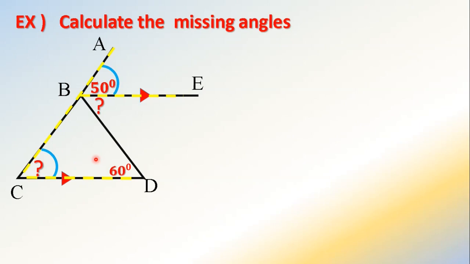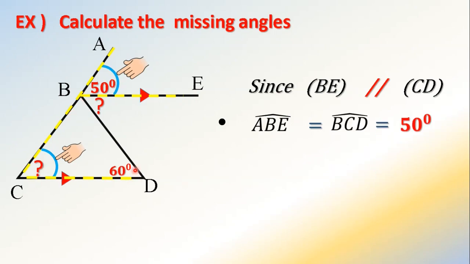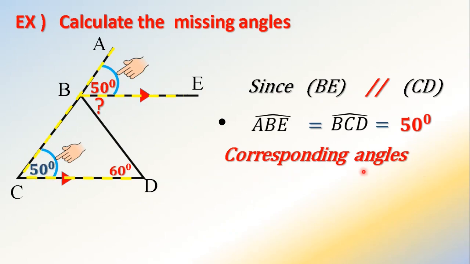Good. Now can you write it? Since BE is parallel to CD, then angle ABE is equal to angle BCD equals 50 degrees, and the reason is corresponding angles. So angle BCD is equal to 50 degrees.